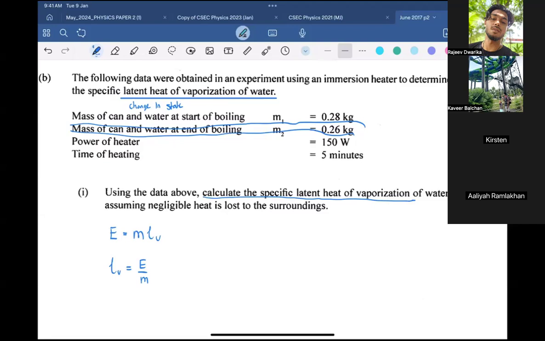So could somebody tell me the mass of water lost because it turned to steam? 0.02. Right, that would be the mass of water I lost because it turned to steam.